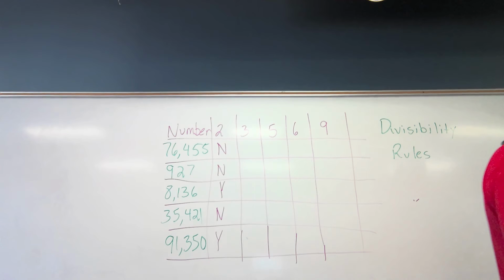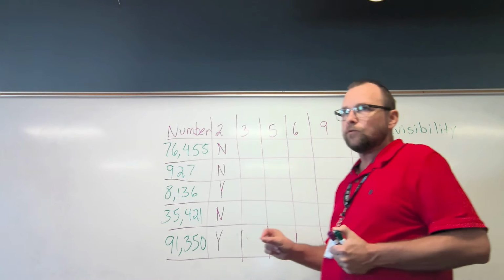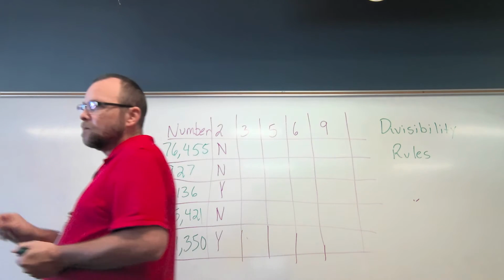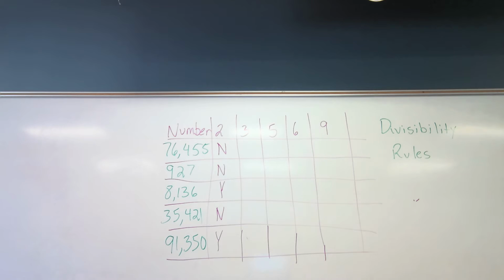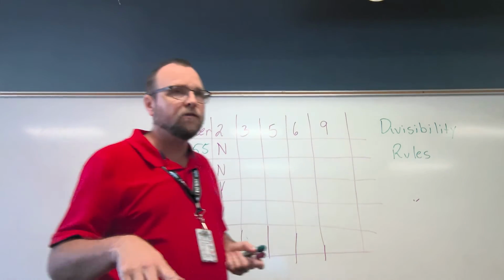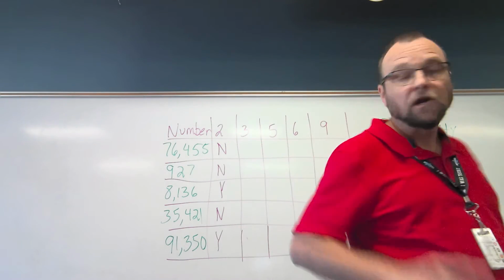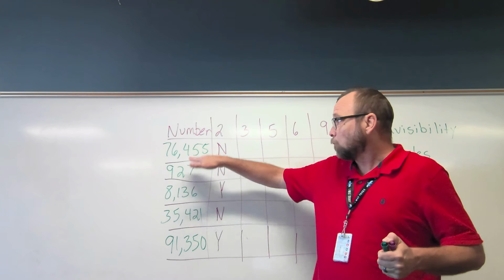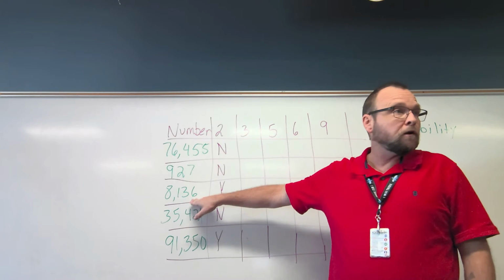Awesome. A number is divisible, please listen. A number is divisible by 2 if it ends in a 0, a 2, a 4, a 6, or an 8. If the ones place is a 0, a 2, a 4, a 6, or an 8, it's divisible by 2. 2 is a factor of that number. 2 times something equals 8,136.